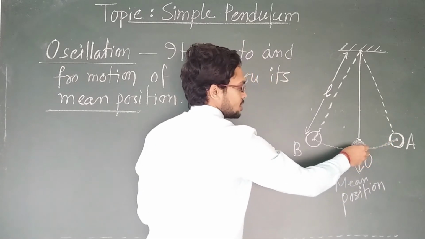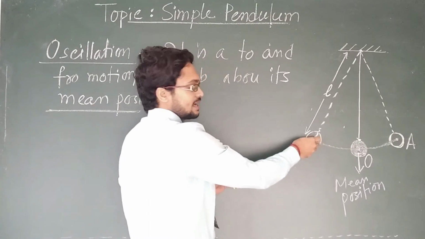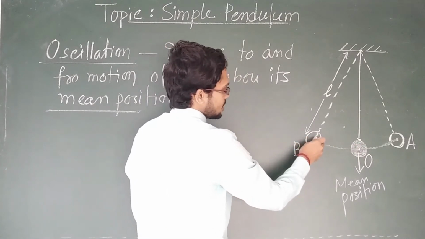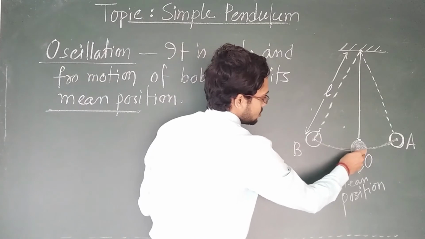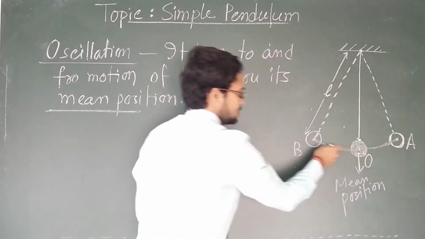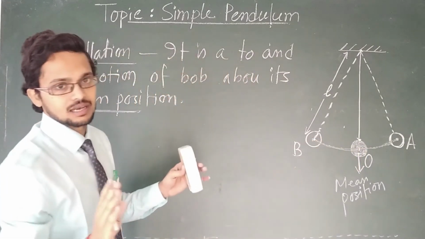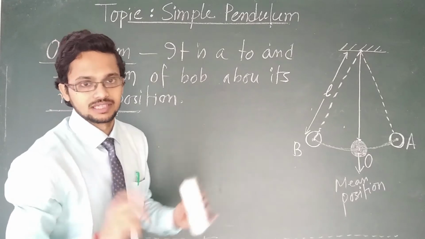Here it will not stop. It goes to the other end, point B, and from that point again comes back to A. So this path O to A, then A to B, then B to O, this total path is one oscillation.